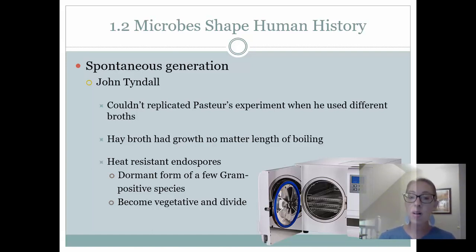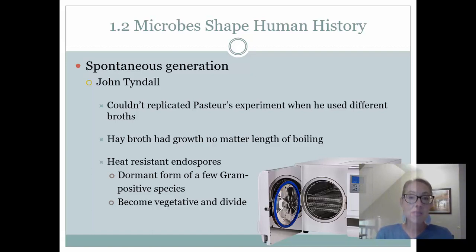So recall that spores are tough, dormant structures that just a few of our gram-positive species can produce. Those species are in the genera Bacillus and Clostridium. So these are two groups of bacteria that are capable of producing spores when conditions are unfavorable.